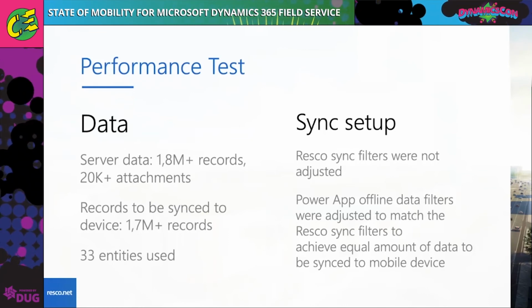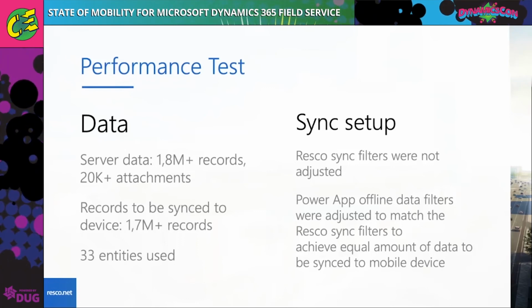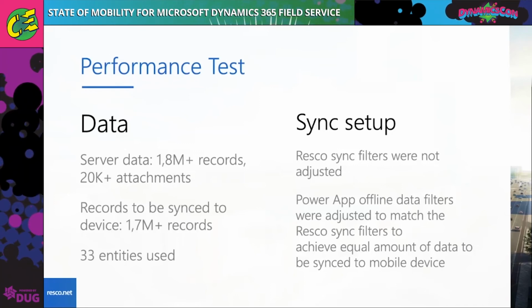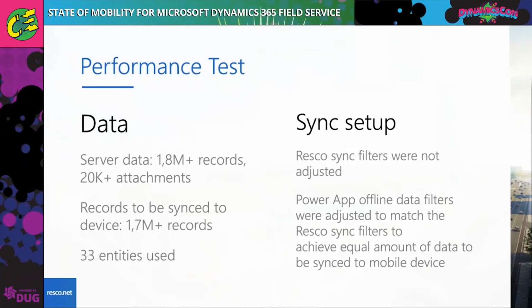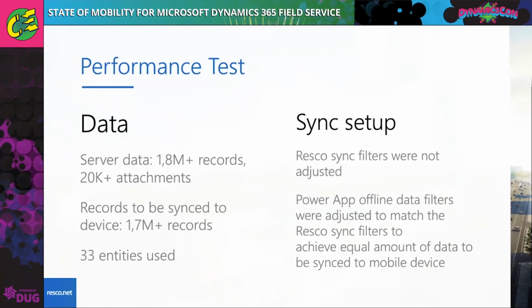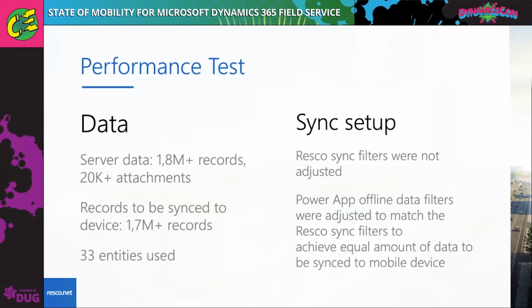So that's the default when it comes to the devices, and the actual data and synchronization setup. We synchronized both applications with a Dynamics Field Service server, where there were a little over 1.8 million records and 20,000 attachments. We didn't want to mess with the synchronization filters too much because we really wanted to take the two applications and see how they perform pretty much in default.